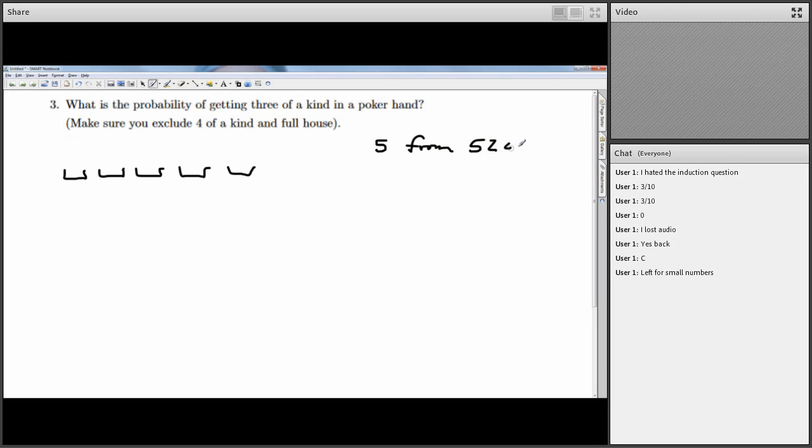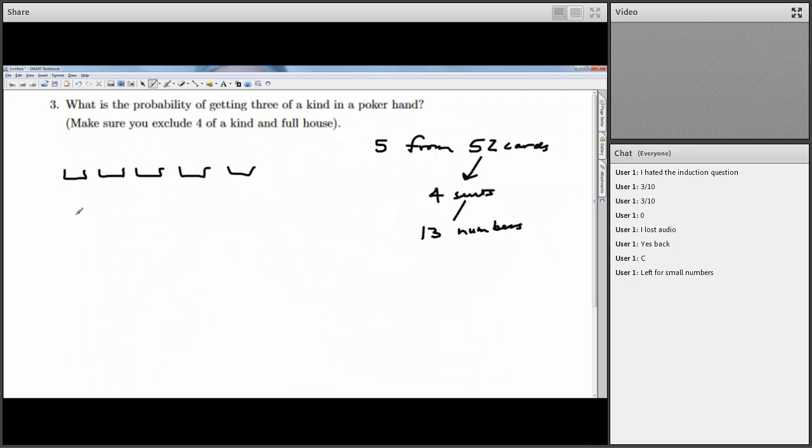That's what a standard poker hand looks like. Of those 52, there are 4 suits, and each suit has 13 numbers in them: ace, 2, 3, up to 10, jack, queen, king.